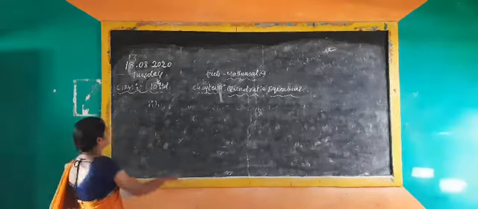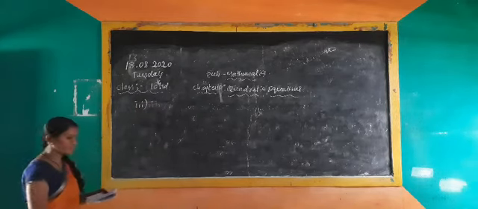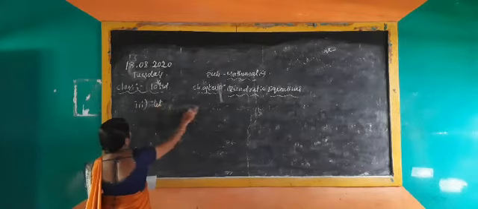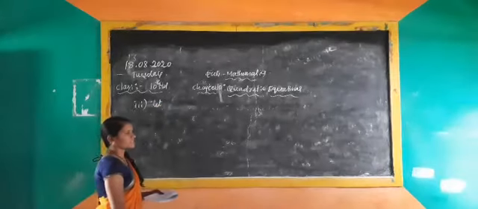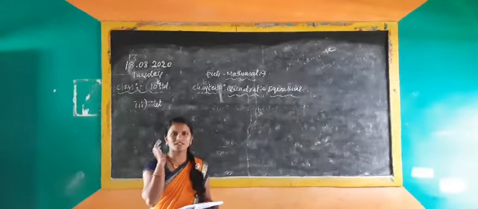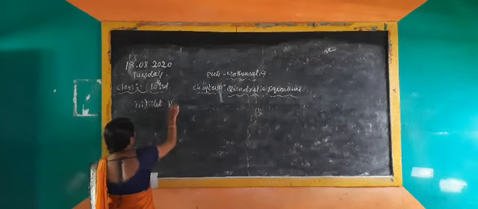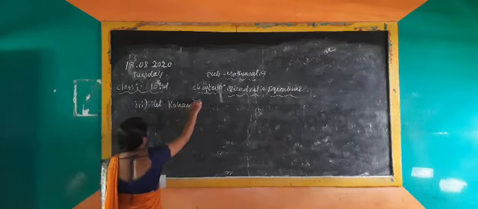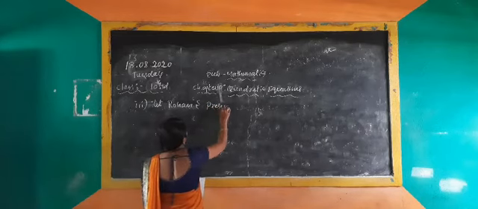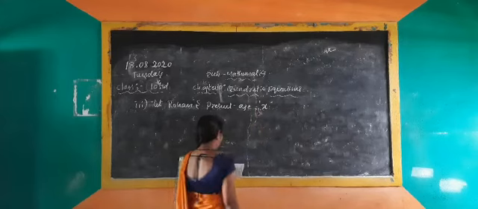I will consider the third one. First, Rohan's age, I am taking x. Let Rohan's present age be x. I think you solved age calculations with linear equations in 8th standard, just glance at that.